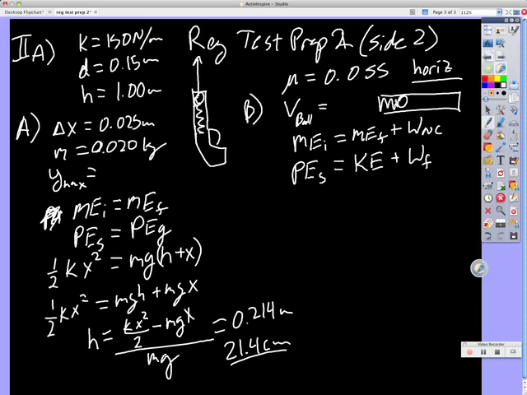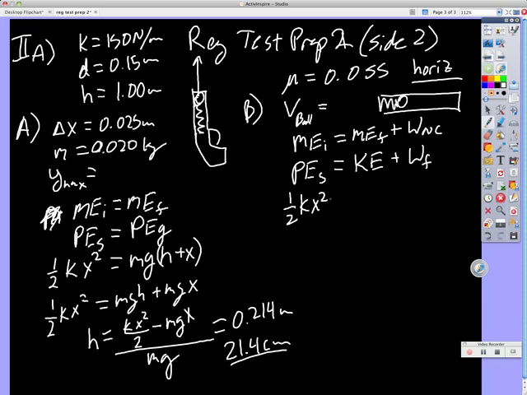So this is 1/2 kx squared. Please tell me I'm recording this. Yes, thank you. It is equal to 1/2 mv squared plus mu mgd. And we're looking for the velocity of the ball.